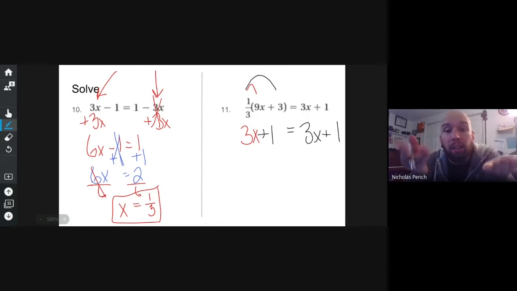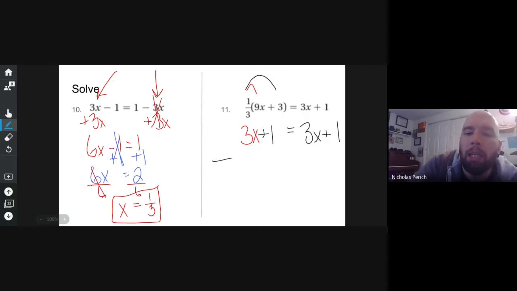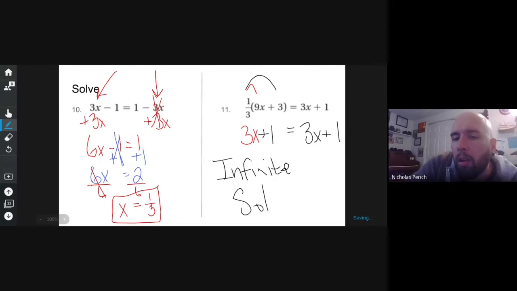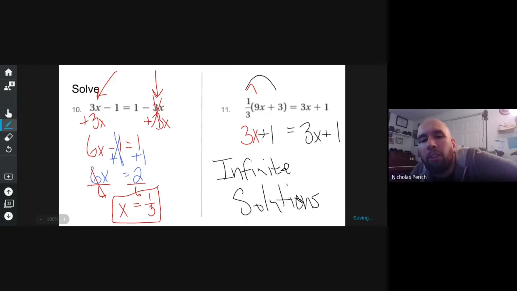Those are exactly the same, which means I have infinite solutions. The moment you notice that the left side is the exact same as the right side, you can stop what you're doing and say infinite solutions.